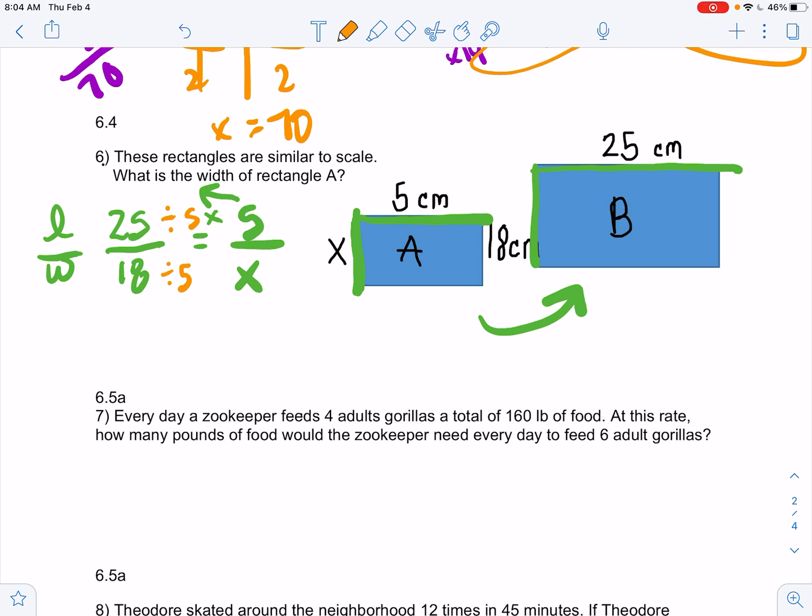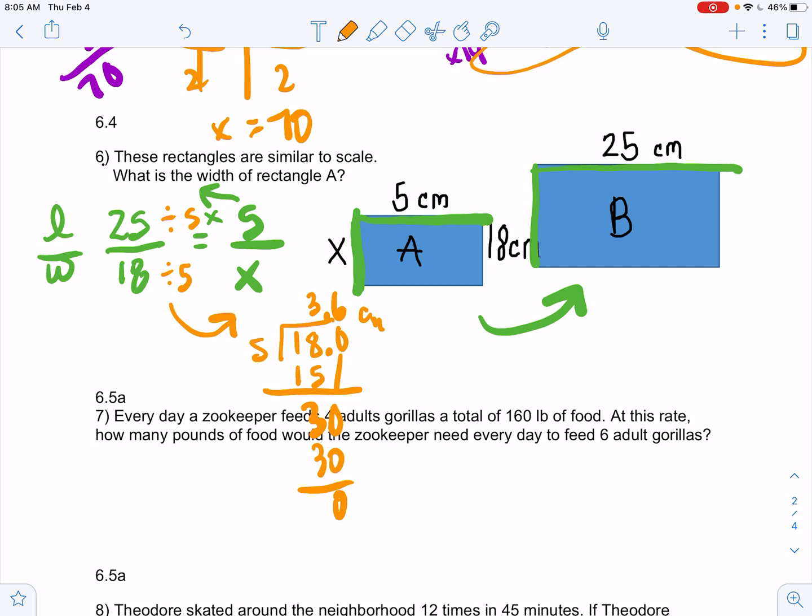So 18 divided by 5, y'all are going to end up getting a decimal here, and y'all, this can happen. Add your decimal, add a 0, bring it down, so it would be 3.6 centimeters. So x would be equal to 3.6 centimeters.